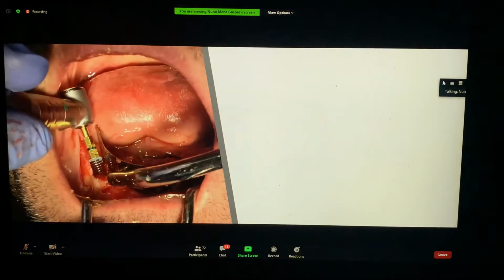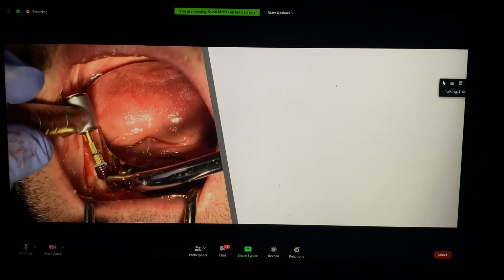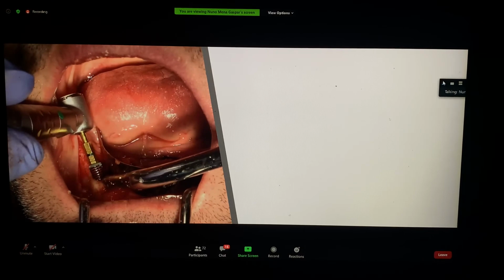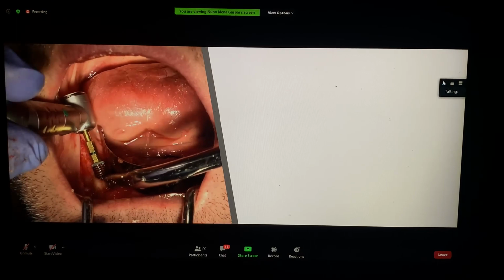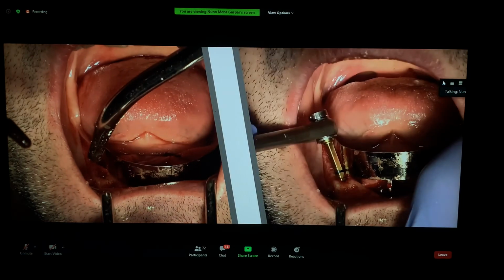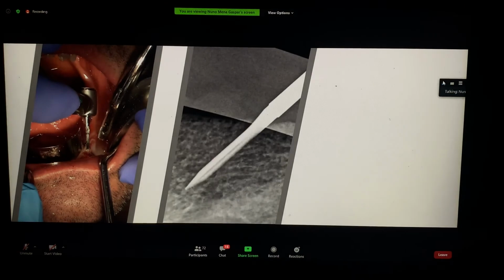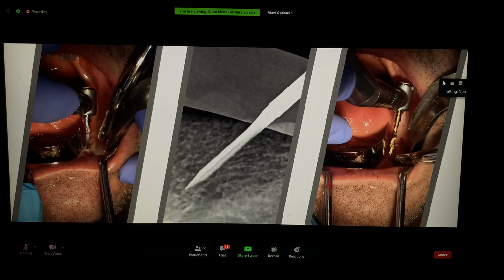Okay. Can you see the screen now? No, not yet. Okay. So this is the implant placement, and let me show the rest until we get to the X-ray of this case.